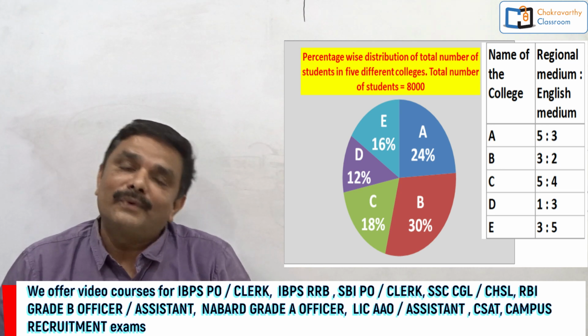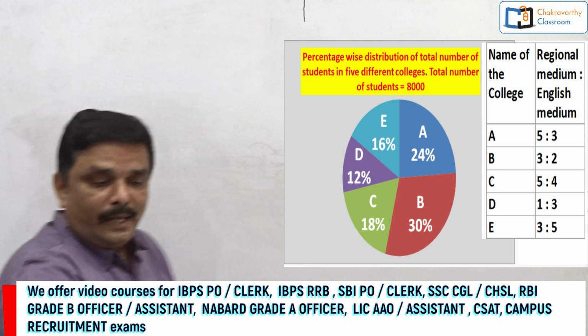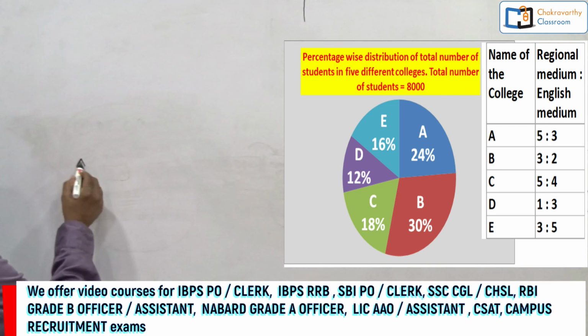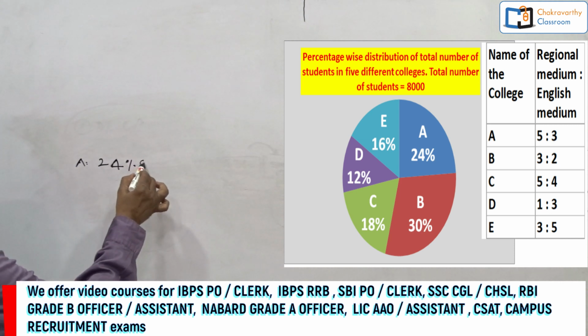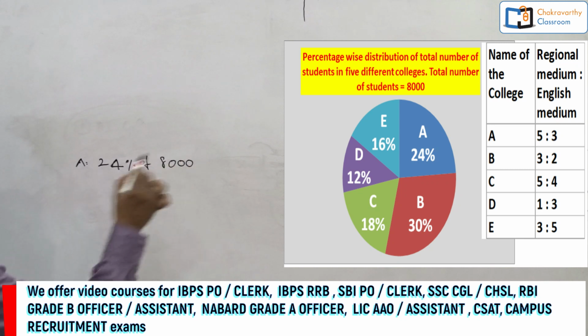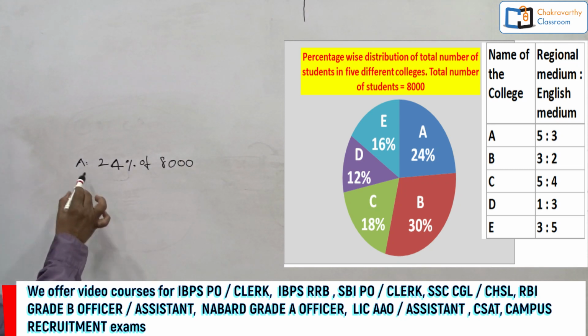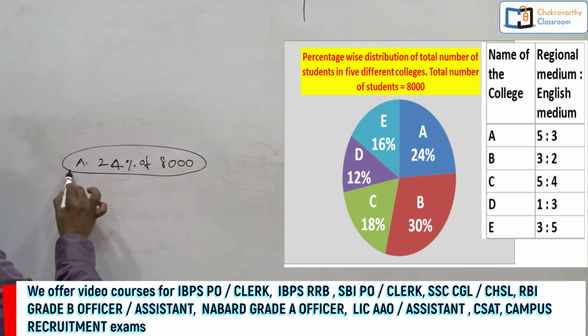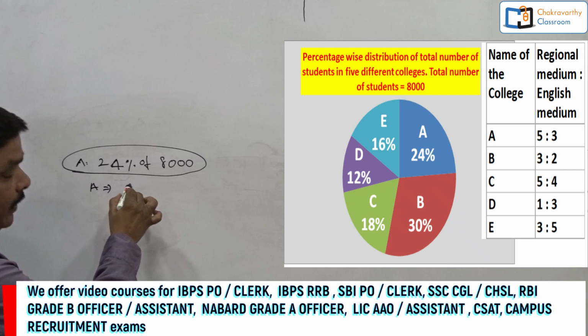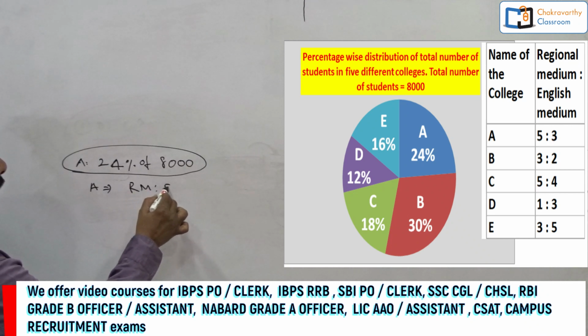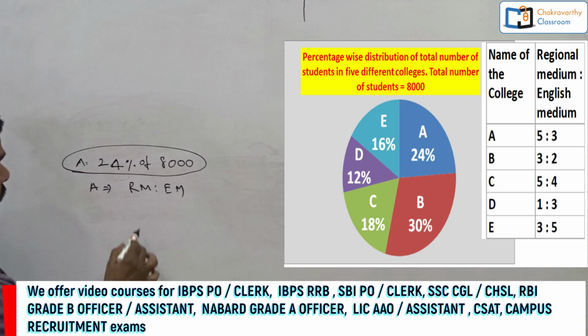That's all. For example, students, just for you, in college A they have given 24% of students are there. That means 24% of 8,000. This number represents total number of students in college A. Again in college A, regional medium to English medium they have given 5:3.